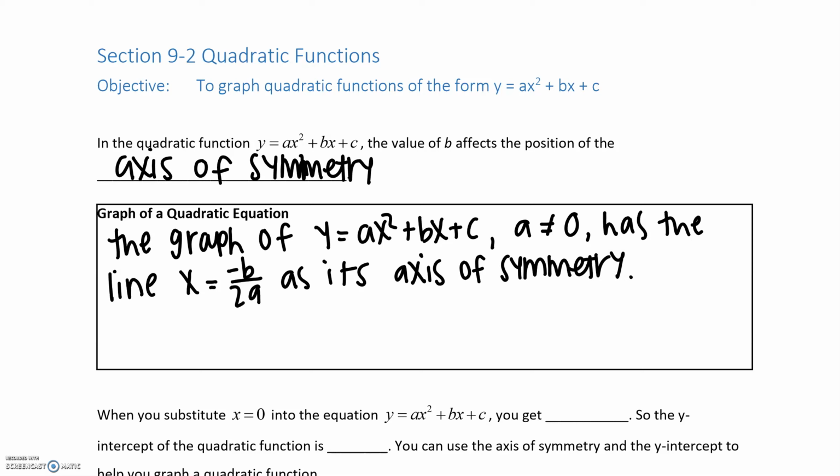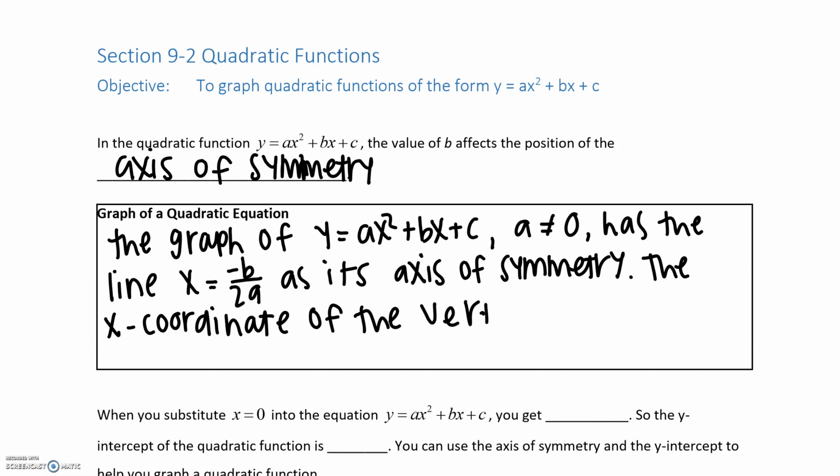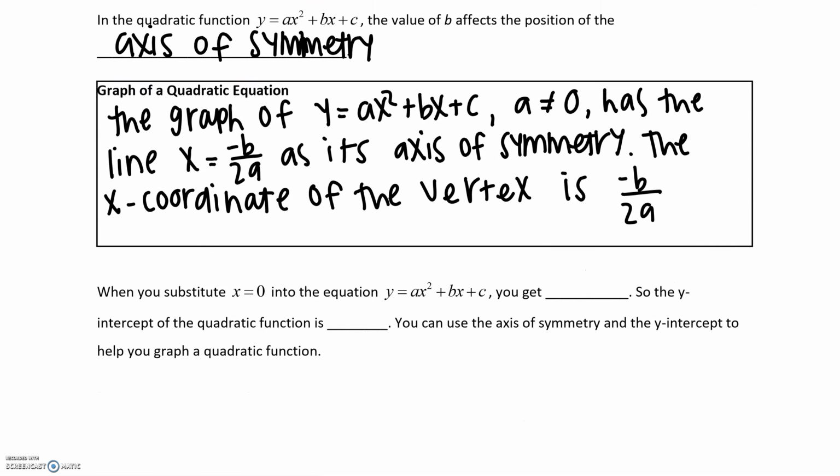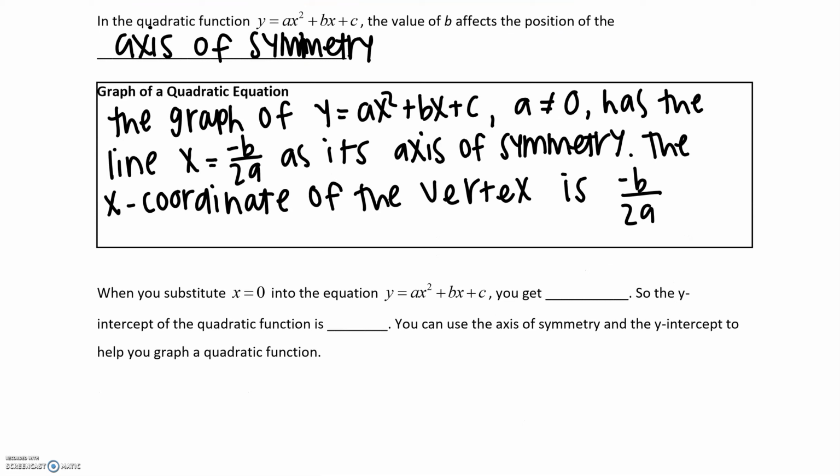Okay, that also means that the x-coordinate of the vertex is that negative b over 2a. Okay, so when we substitute 0 into the equation y equals ax squared plus bx plus c, we get that y equals whatever that c is.